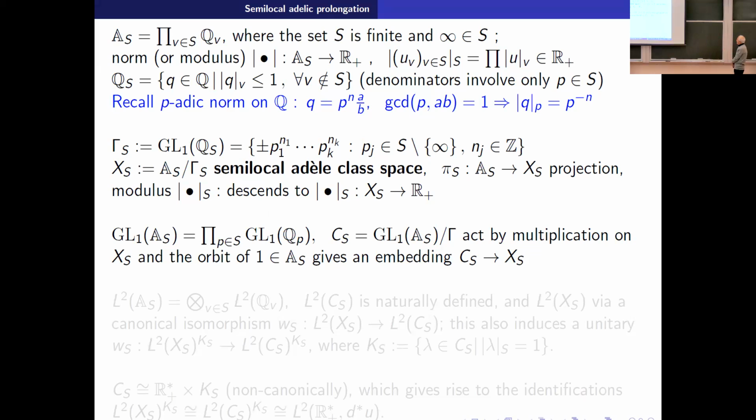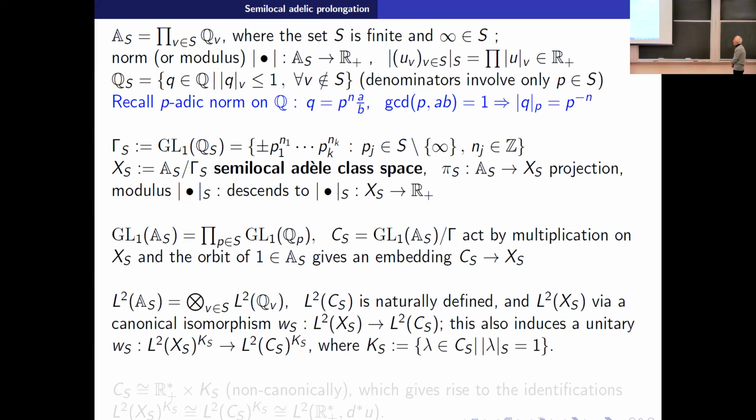I mean, it's a group. So it acts by multiplication on the orbit, on X_S. And you can view it as a subset of X_S if you embed it as the orbit of the unit.